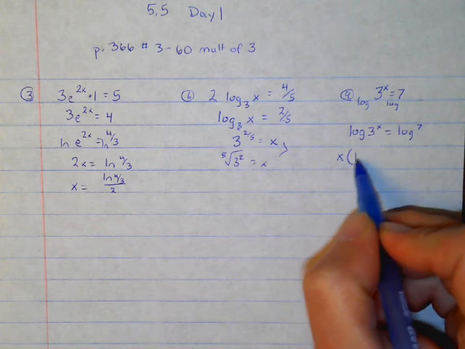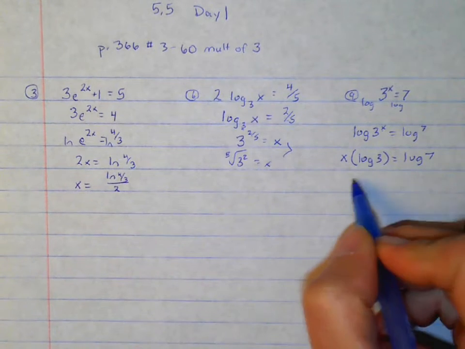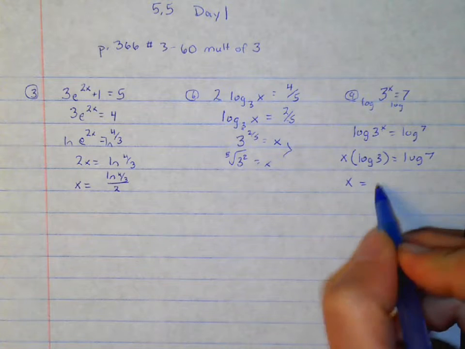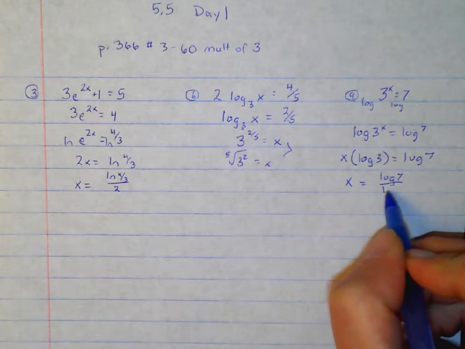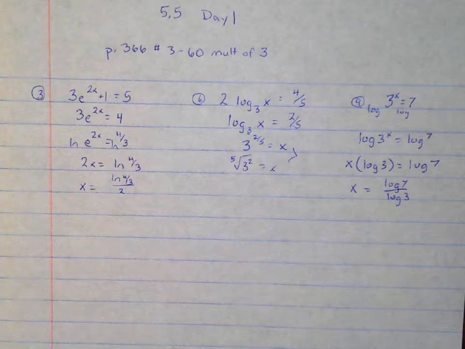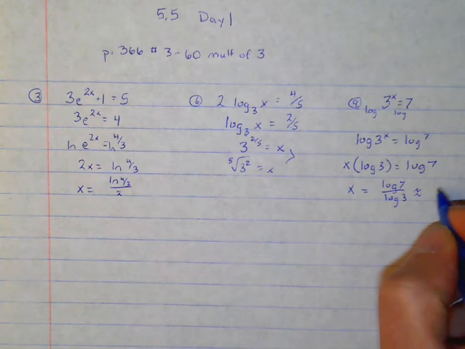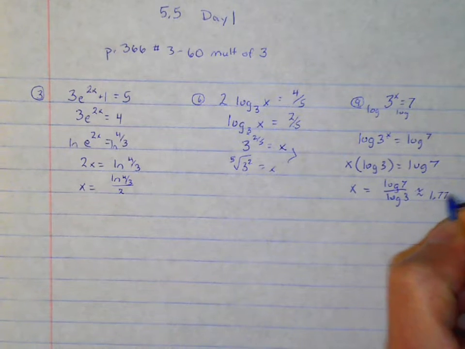So this would be x log 3 is equal to log 7. And lastly, to get x by itself, I'm going to divide by this. So log of 7 over log of 3. This problem also asks us to put it into to the nearest thousandths. So it would be 1.771.